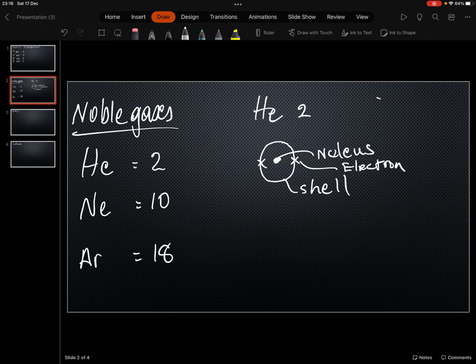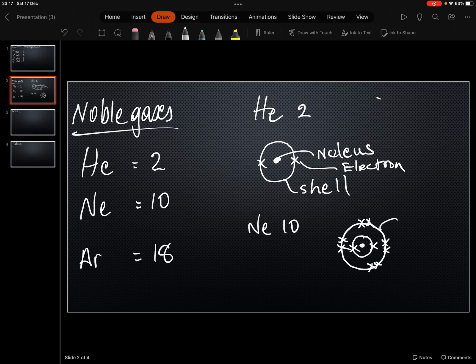Next one is neon. That's Ne, 10. First shell with a dot in the center for the nucleus. First shell's got 2 electrons. Second shell has 8. If you add them all up, you should get 10.